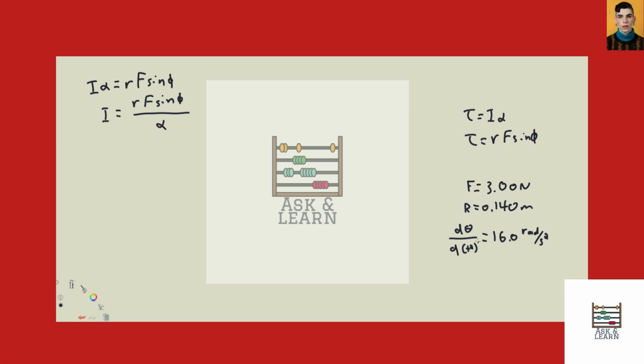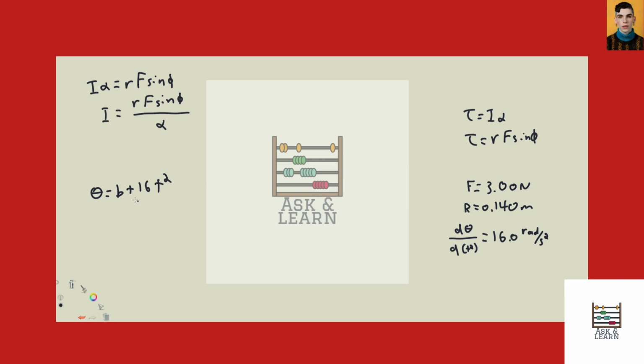So this is the slope of a graph of phi versus t squared. So if we plug in this slope here, given that it's a linear graph, we know that this graph is going to look something like phi equals b plus 16t squared.